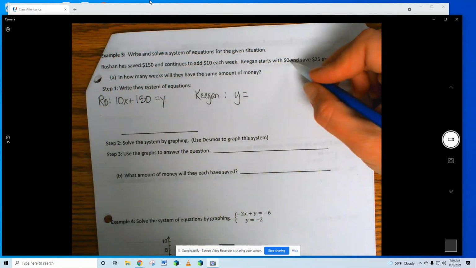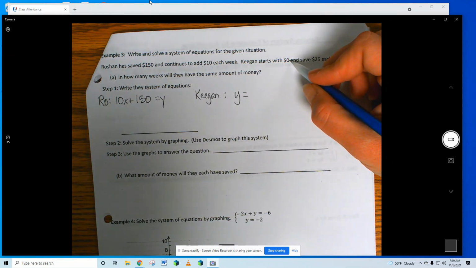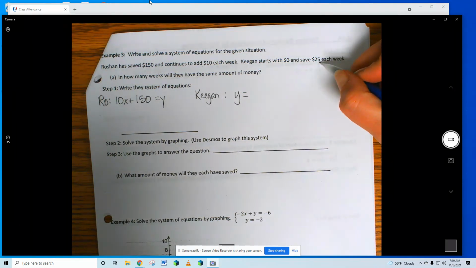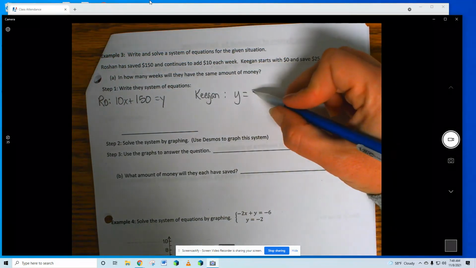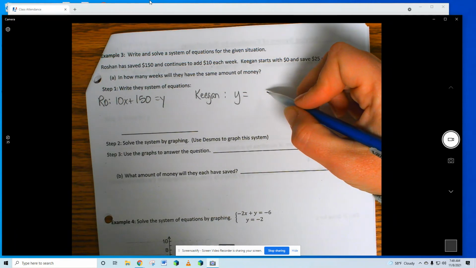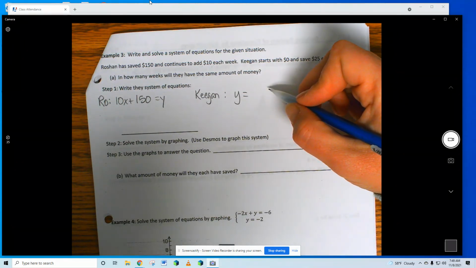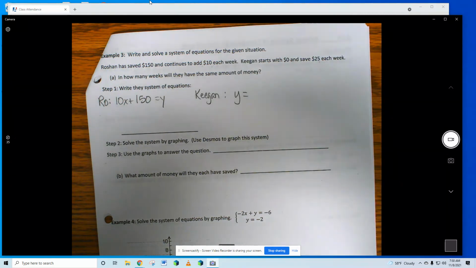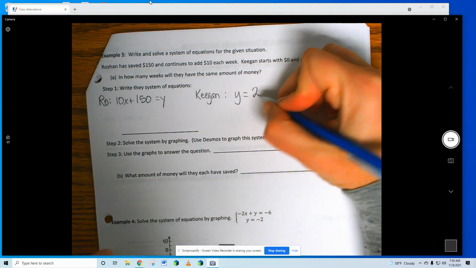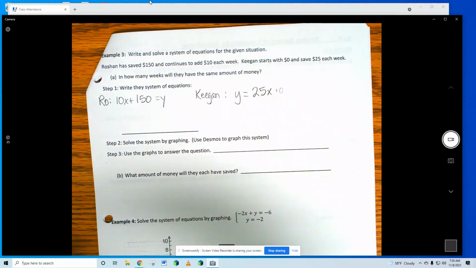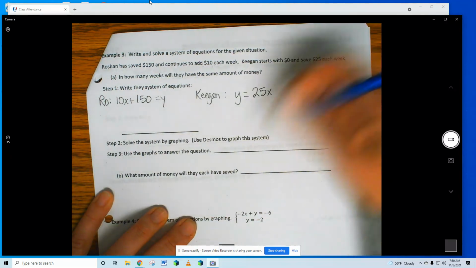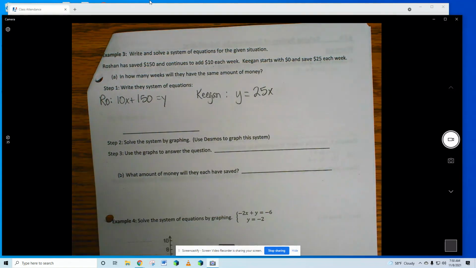This would be his initial value, remember from last chapter? But this is his rate of change. 25, 25 each week. What's my equation say? Y equals... Come on, somebody. 25x. And I'm not going to put a plus 0 because it's a waste of your time. You just need to know that there's no y-intercept.